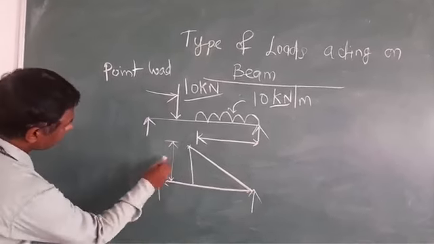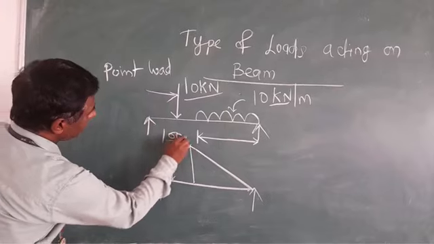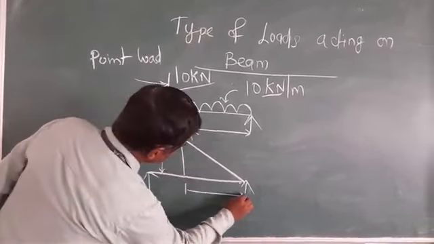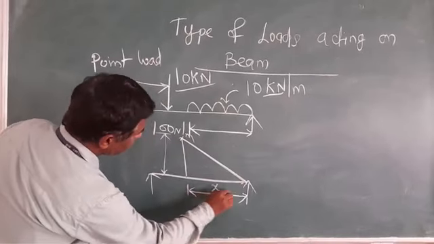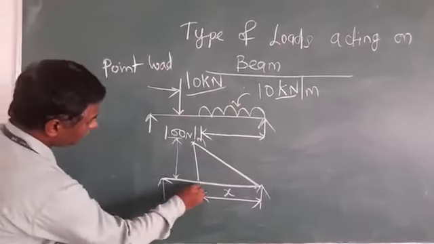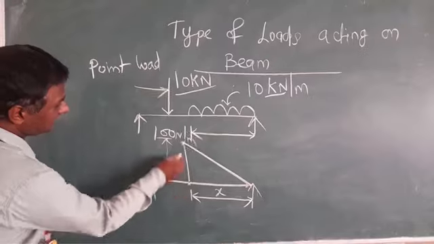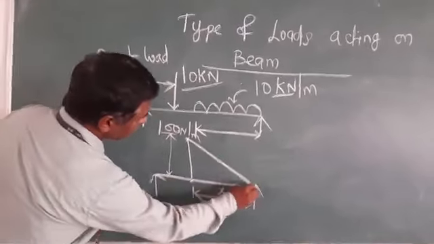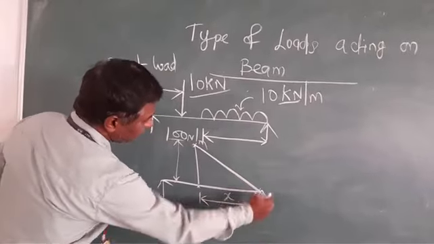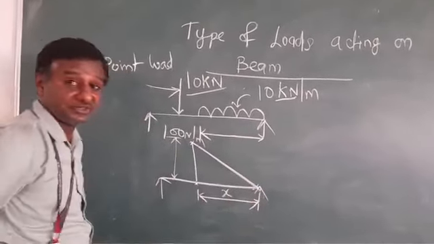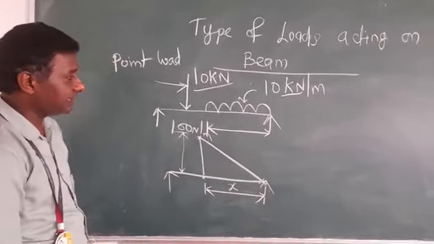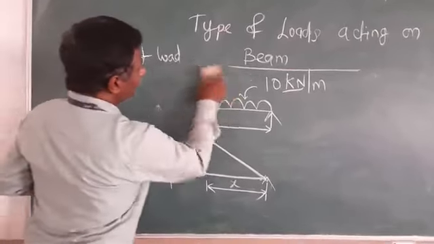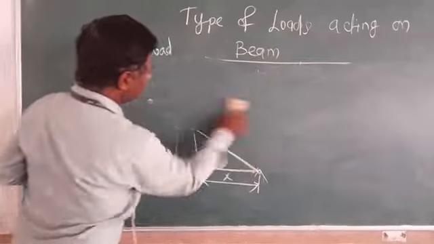Let's take this as 100 Newton per meter, and for this given length, let's take x as the given length. At this point the intensity of load is 100 Newton per meter and it goes on decreasing, and at the extreme end it is 0. That is uniformly varying.